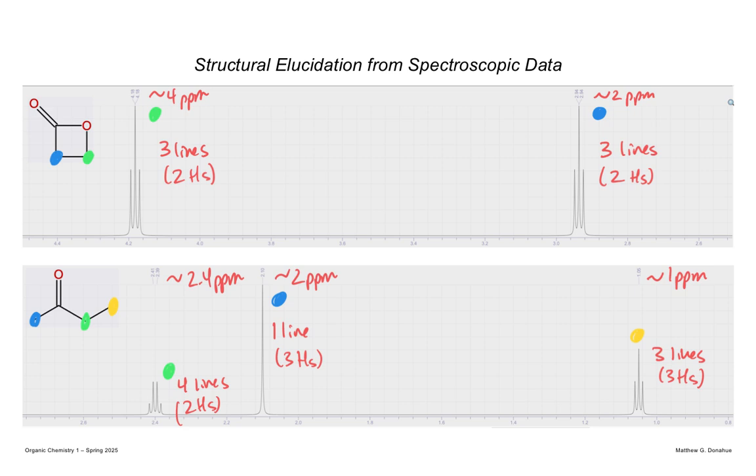Yep. It's the neighboring hydrogens plus 1. You're looking at the number of neighboring hydrogens, and you're adding 1. That's called the N+1 rule. So lines are determined by the N+1 rule, where N is the number of neighboring hydrogens.